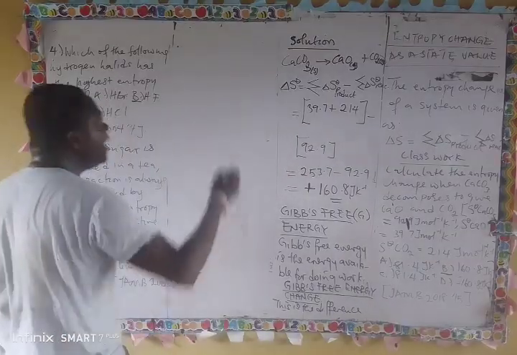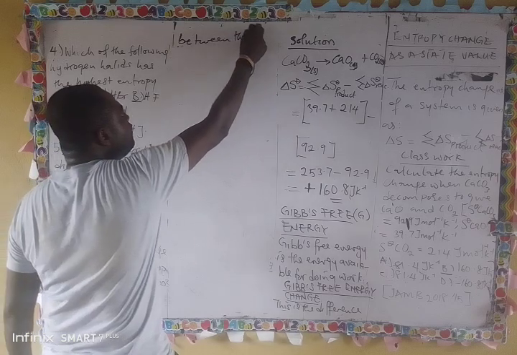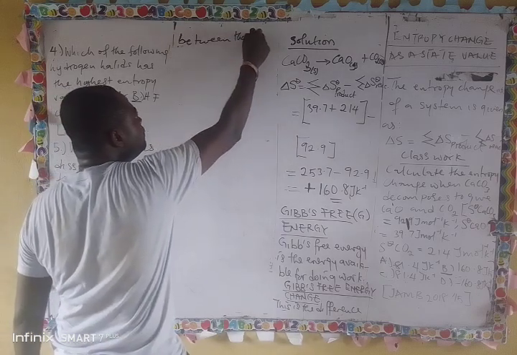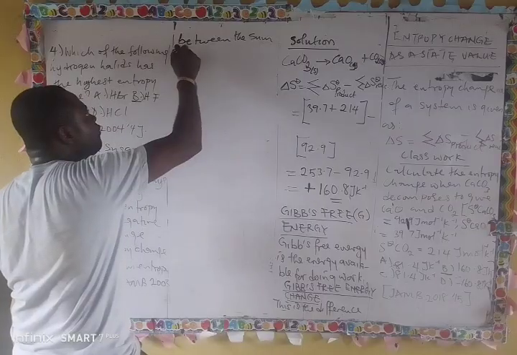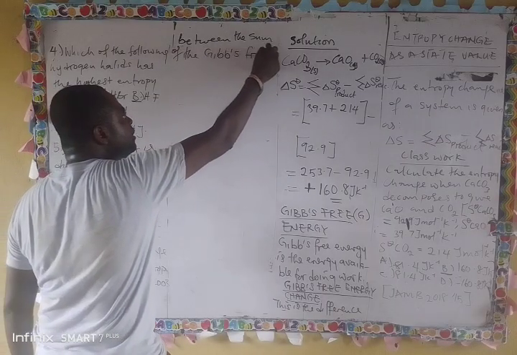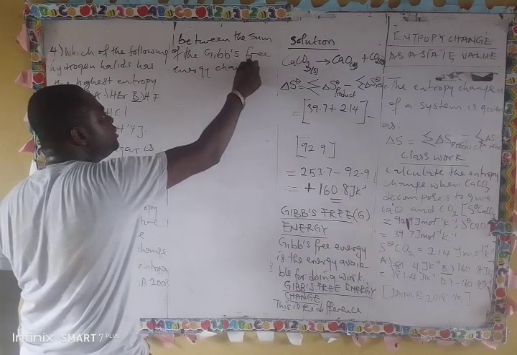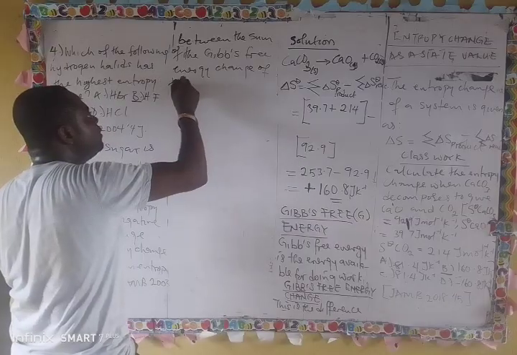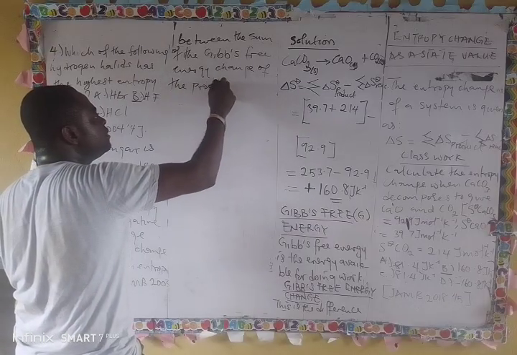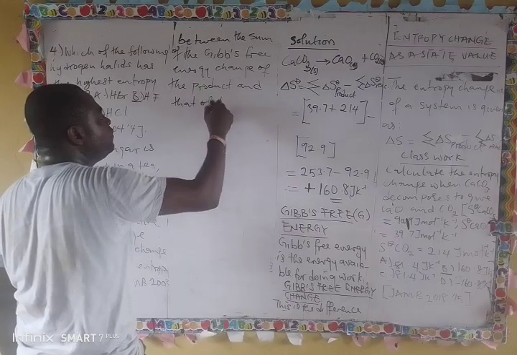It is the difference between the sum of the Gibbs free energy change of the product and that of the reactant.